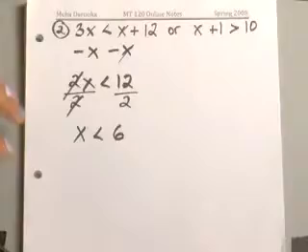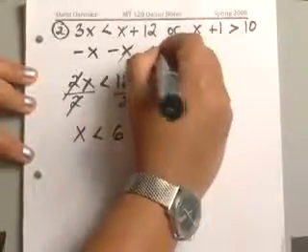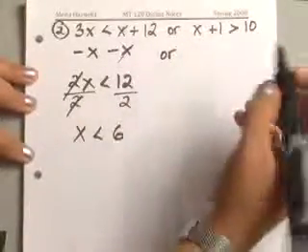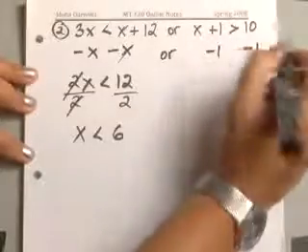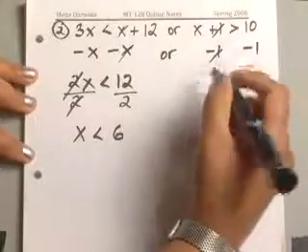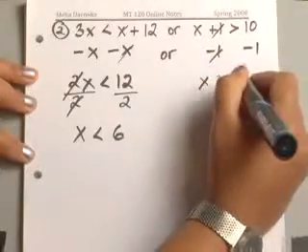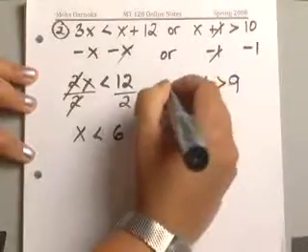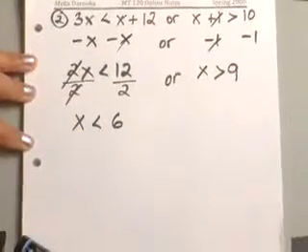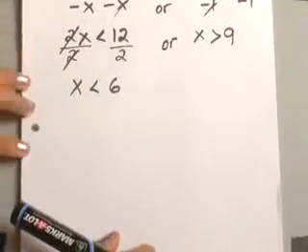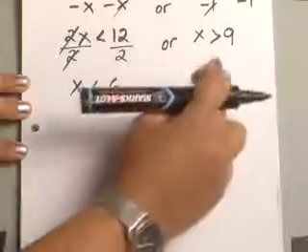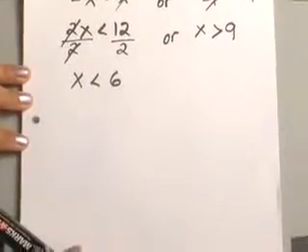Now let's look at the other side here. We have x plus 1 greater than 10, so we will start by moving the 1 over to the other side, which gives you x is greater than 9. So now that we have solved the two inequalities, you can see that we end up with x being less than 6 or x being greater than 9.